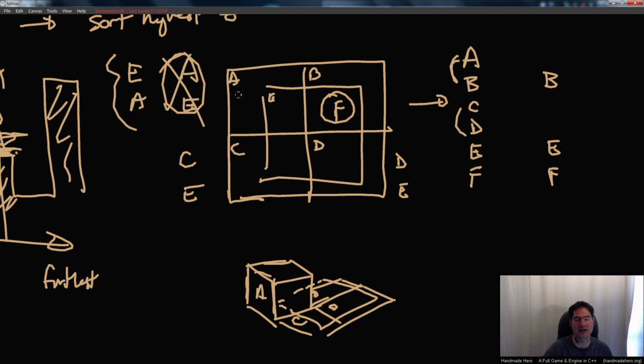I don't know that there's an elegant solution to it, right? And so typically you end up just not doing stuff like that. You're like, well, we just don't allow floor coverings to go in that way, or we don't allow there to be height changes in the floor, so that way we know that we always just sort by Z and we're done. I don't know. So yeah, it's a little bit iffy.